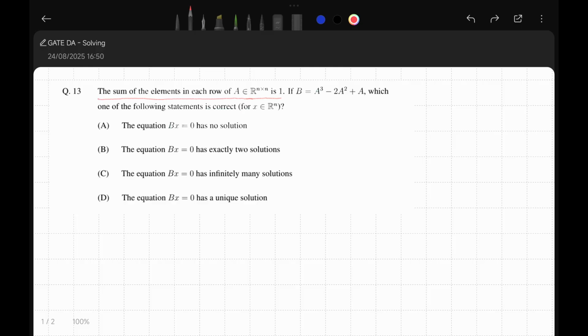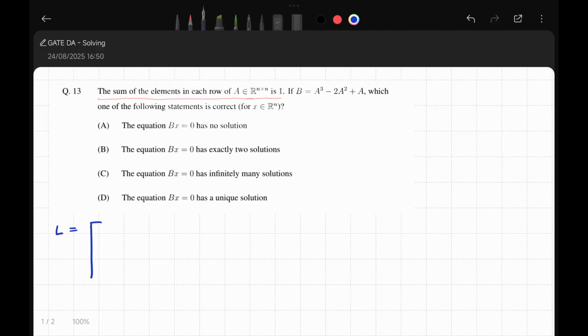And the sum of elements in each row is 1, right? So I will consider a new matrix that is not mentioned in the question to solve this. I will say L is a matrix of ones, right? So it's a column matrix of elements which are all ones.